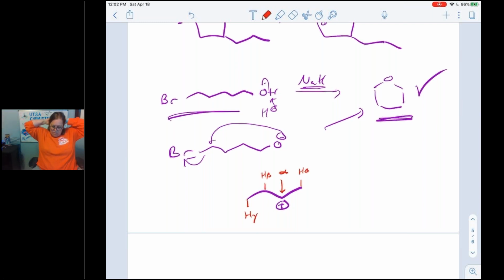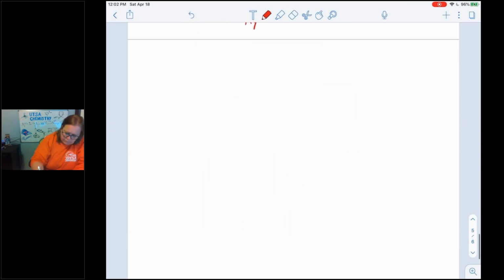And so to have beta hydrogen elimination, I have to form a bond between this alpha carbon and this beta carbon. So basically these electrons will just collapse in. Or I can have it shift from a beta hydrogen. We don't shift gamma hydrogens. We don't shift delta hydrogens. It's got to be a 1,2 shift. All right, let's move on.